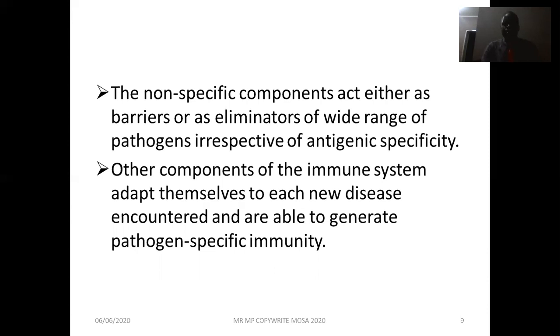Other components of the immune system adapt themselves to each new disease encountered and are able to generate pathogen-specific immunity. The other one only reacts to a certain type of antigen, to a certain type of pathogen which has invaded the body, before it can cause infections.